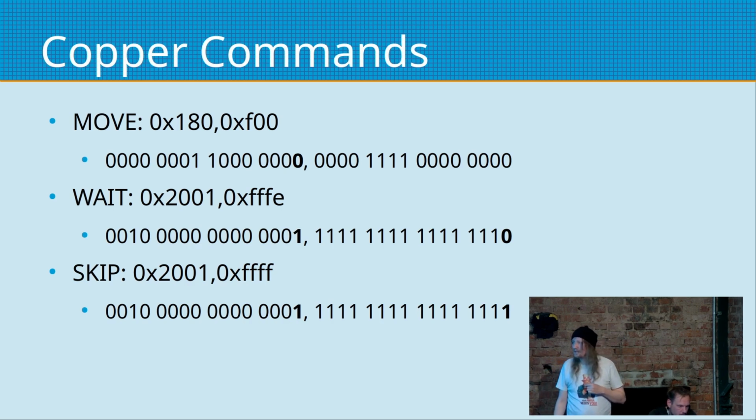If the first word has 1 on the first bit and 0 on the next, then we are talking about the wait command. There are mask bits on the right side, but we can figure these out later on.